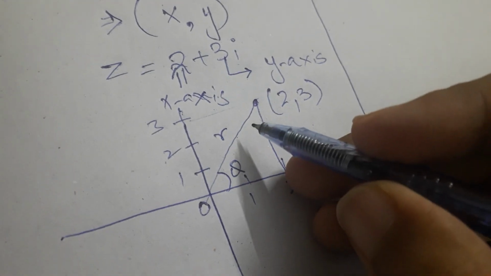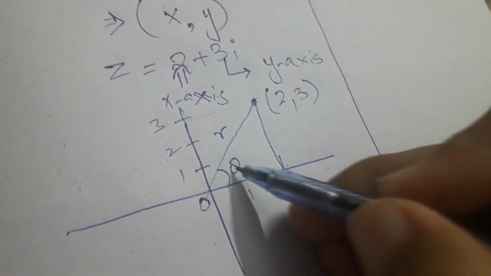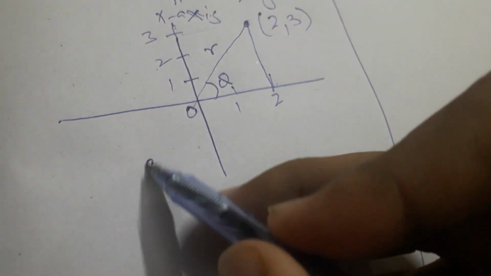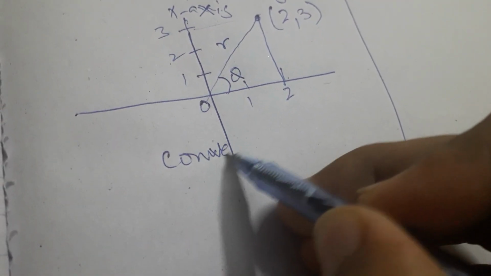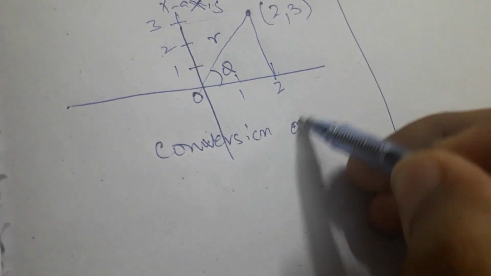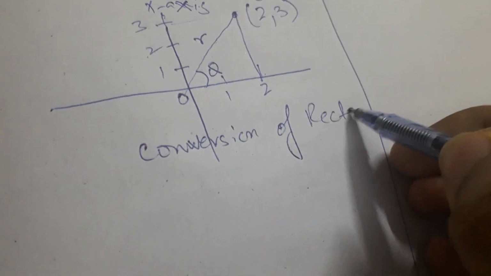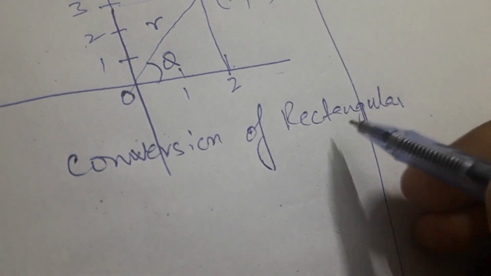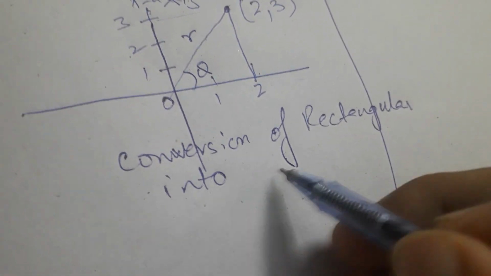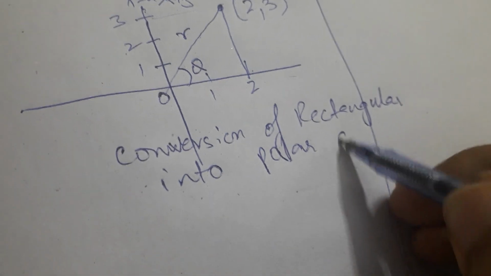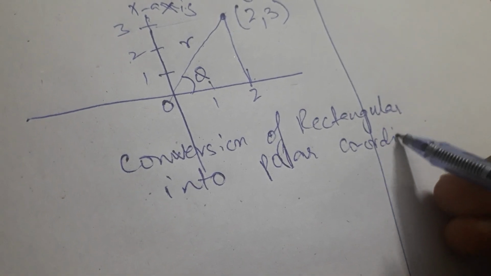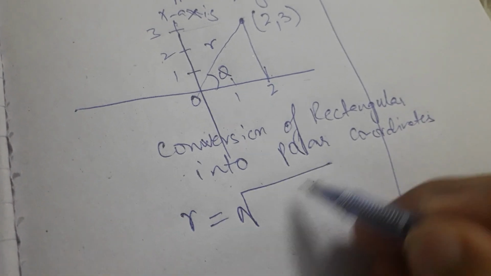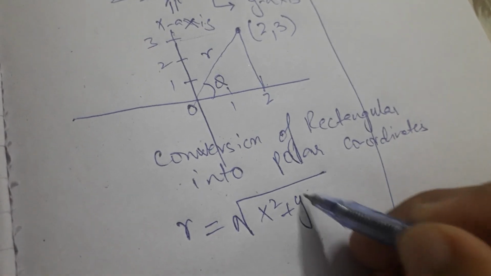How can we calculate r and theta? It is calculated by using the conversion of rectangular into polar coordinates. Simply, r is calculated using under root x square plus y square.